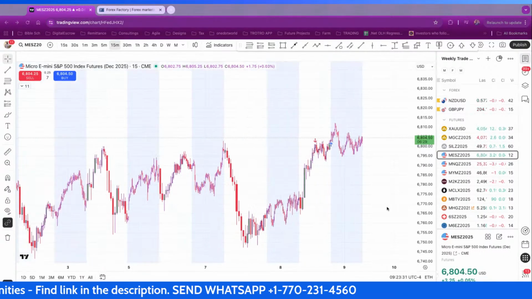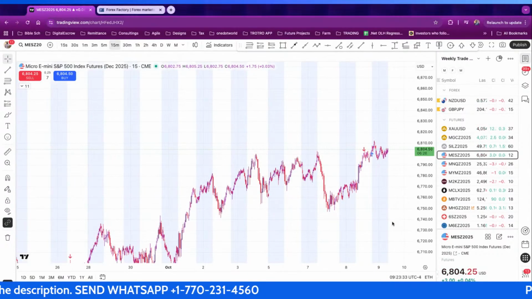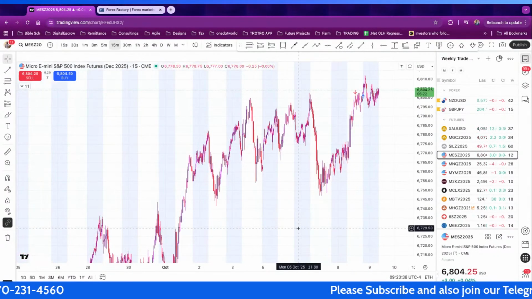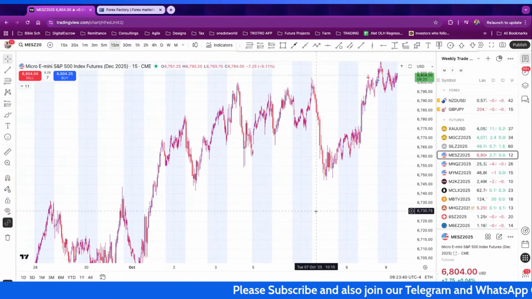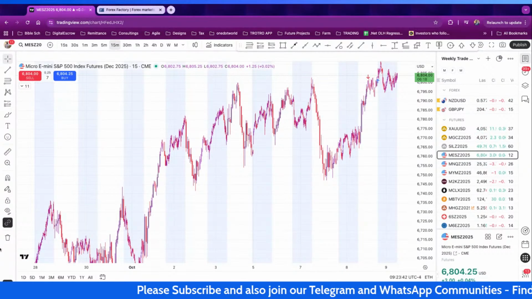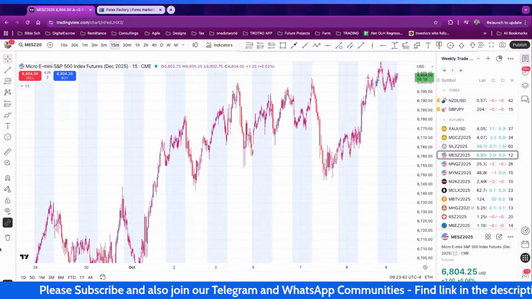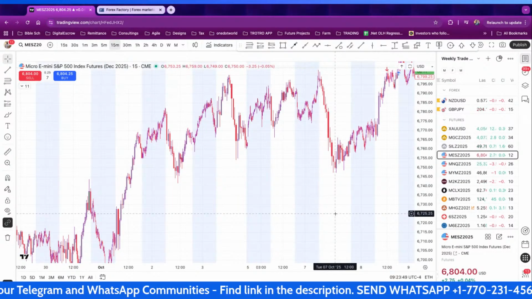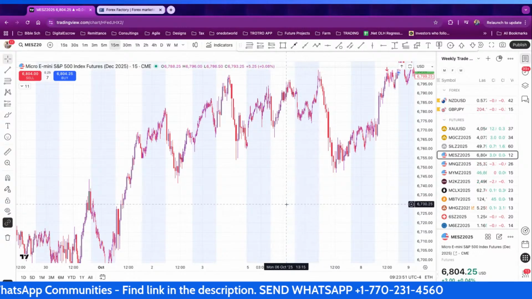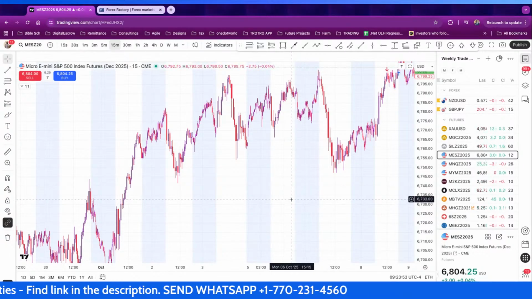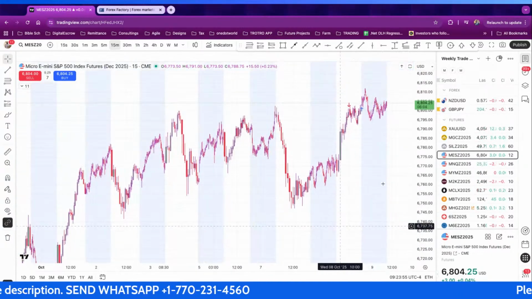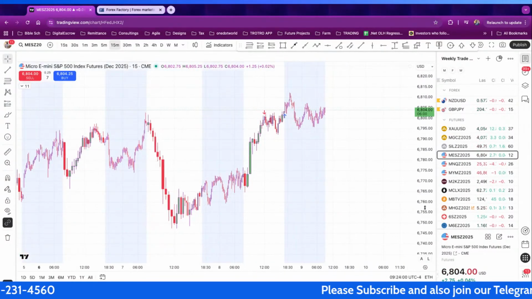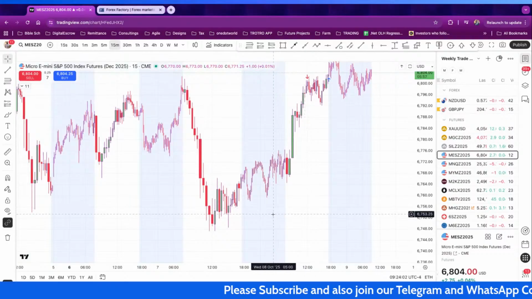So the MES, if I was looking at this market on the 15 minutes, we trade demand and supply, guys. If you are new here, you should know this. So if I'm looking at 15-minute demand, where I'm going to pick this from is going to be somewhere maybe here.